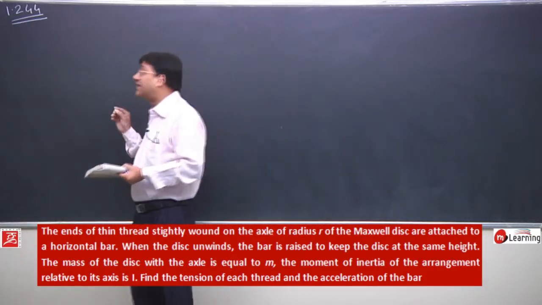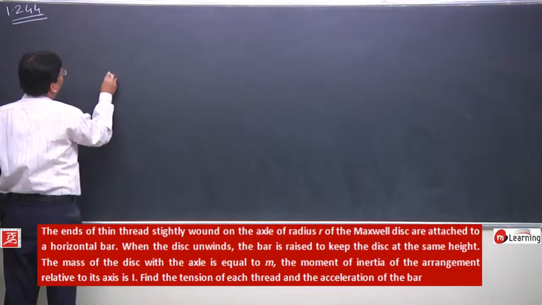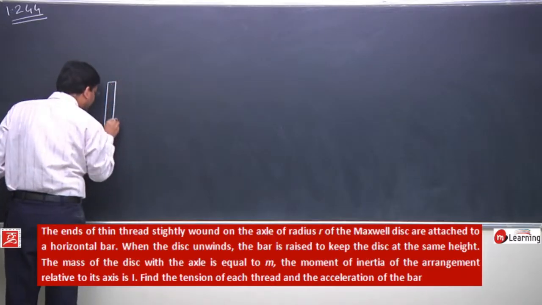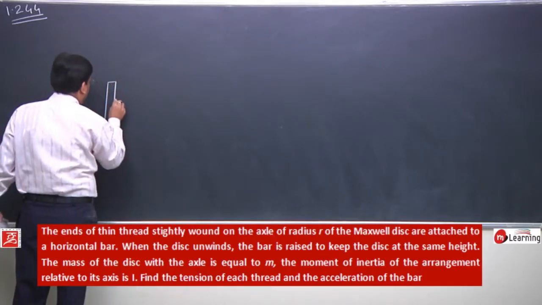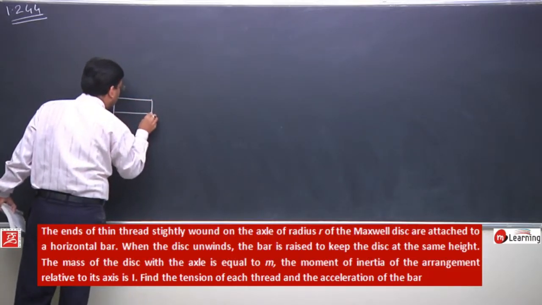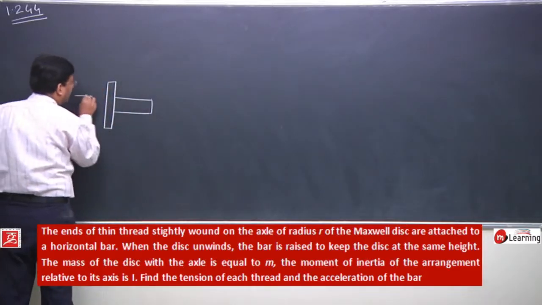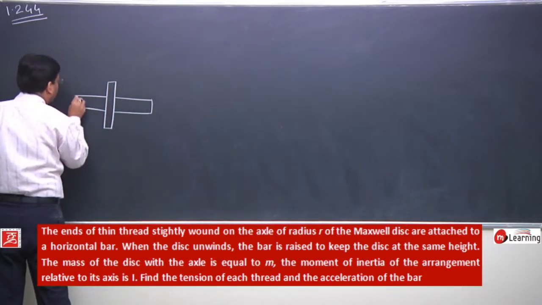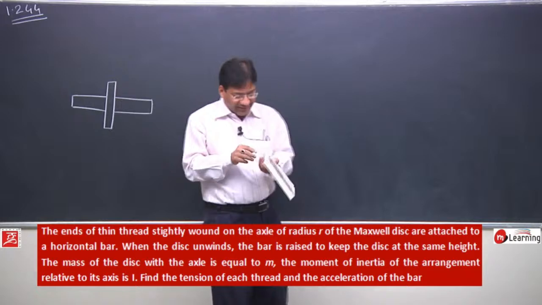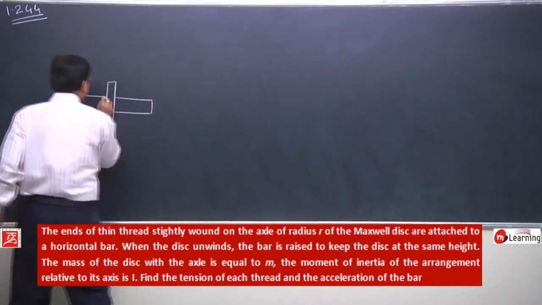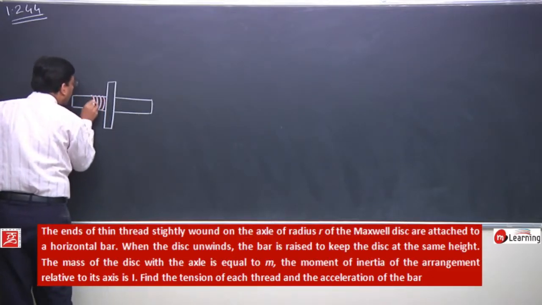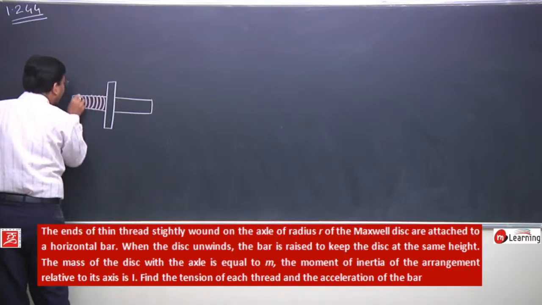Now, the Maxwell disk, this is a Maxwell disk. This is a circular disk, and on both sides a thread is wound on it like this.